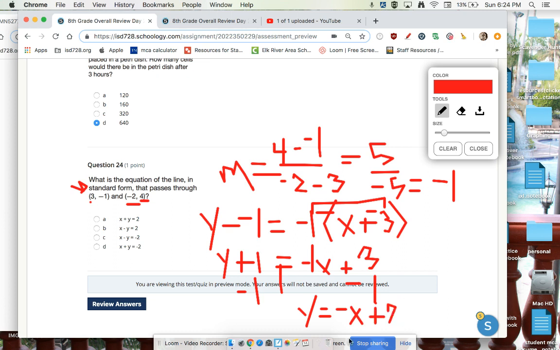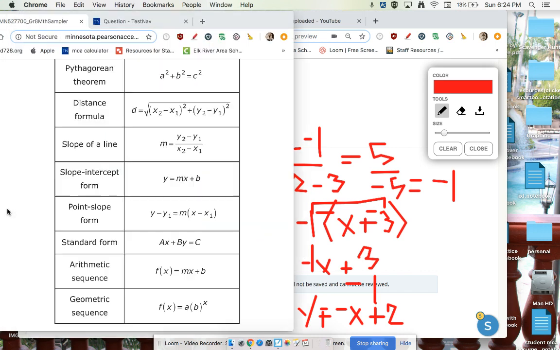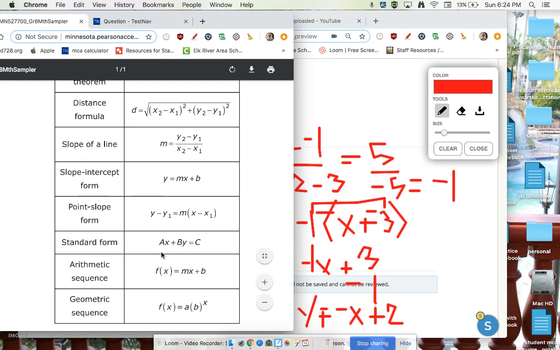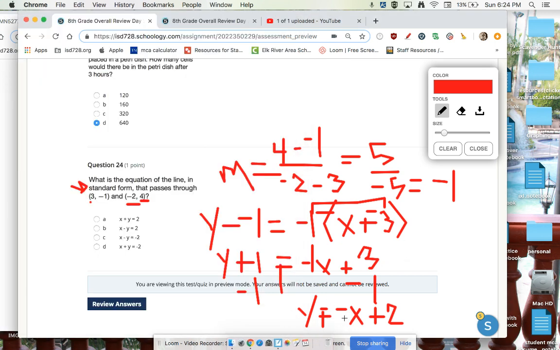Gosh, I feel like it would be easier to just get this to standard form instead of all these to slope intercept. Because standard just means get the x in front of the y. That's all it means. So that would be super easy. All I gotta do is add x and it's in front of the y. These I would have to get y alone in 4 things. So I'm just gonna add x to both sides and turn this to standard form.